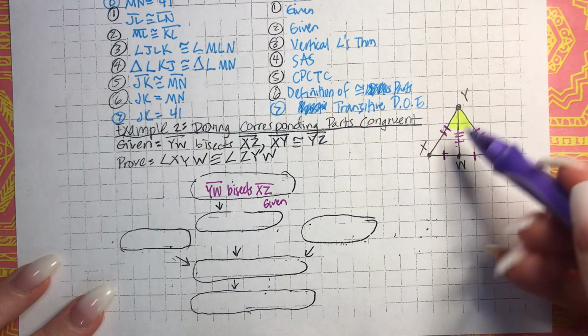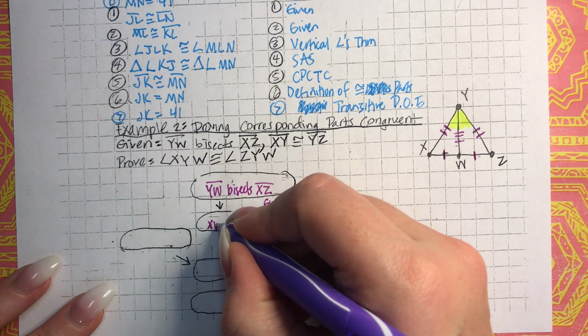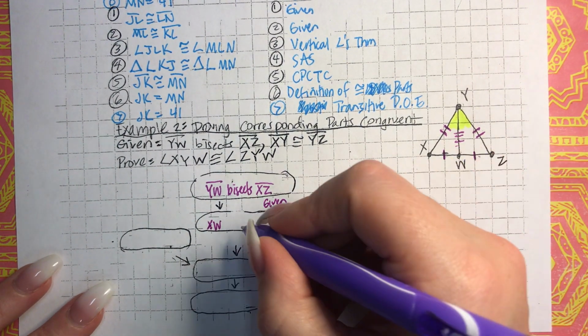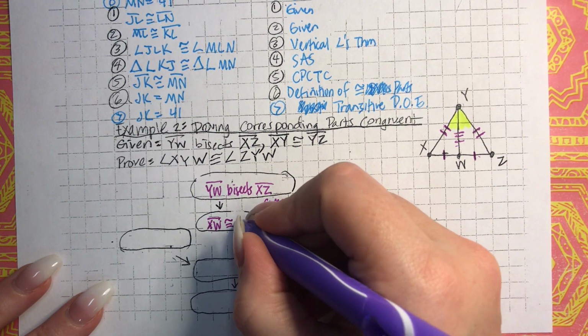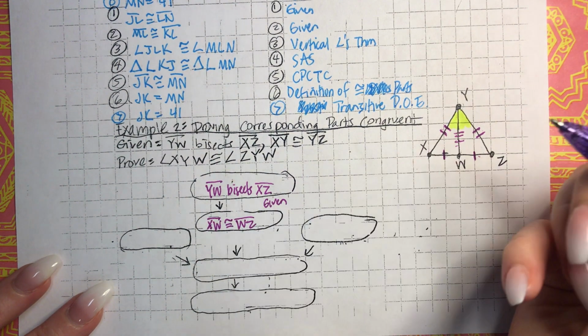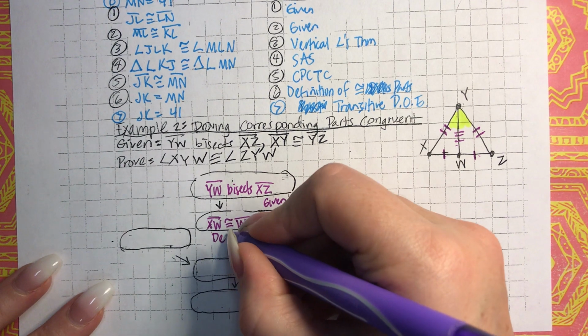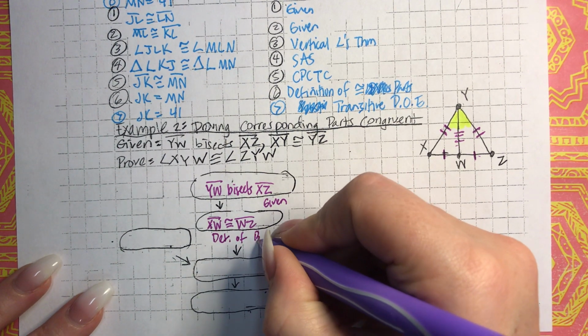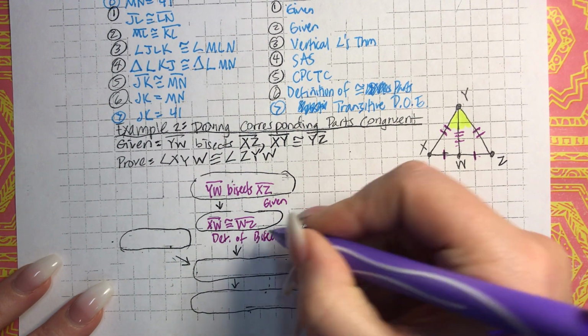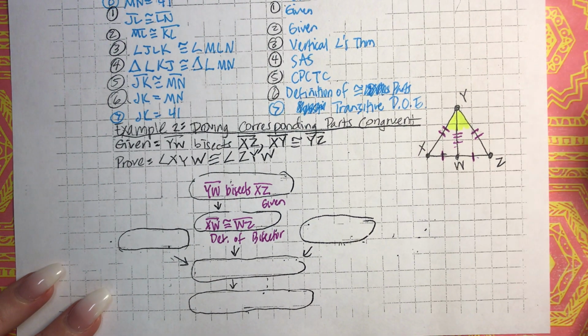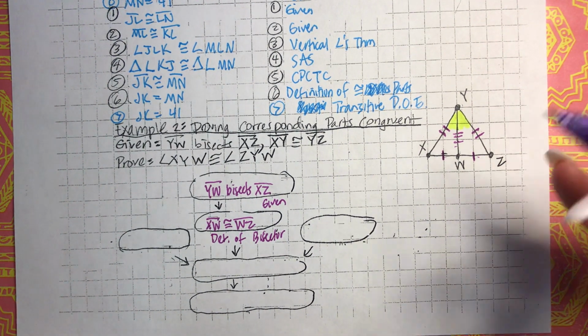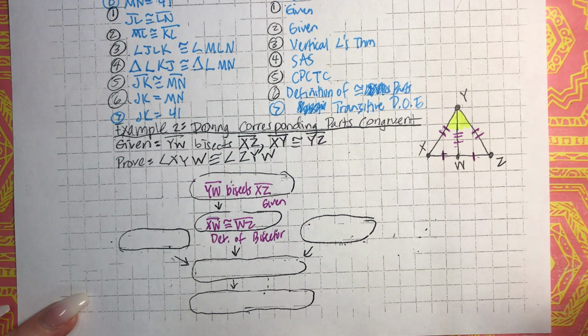And because of that, we can say that segment XW is congruent to WZ because of the definition of a bisector. If something bisects something else, whether it's a segment or an angle, it always cuts it in half, so you have two equal parts. Okay, so we have that.